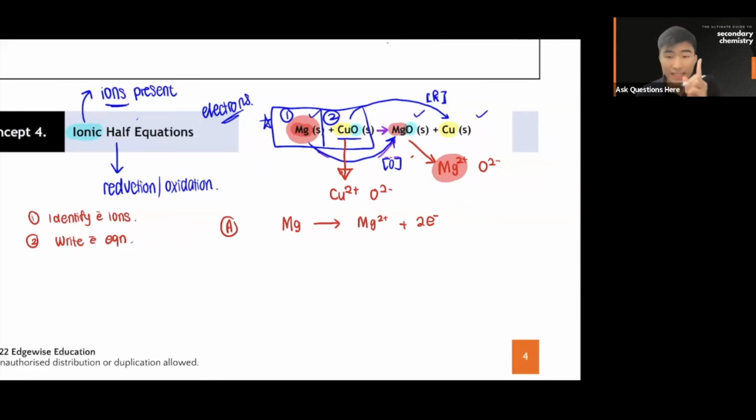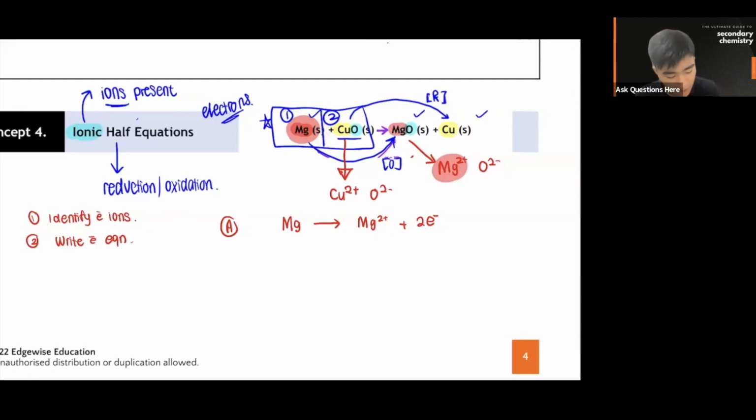Now, what is important in an ionic half equation is not so much about whether or not your species have 2 plus, 1 plus, 0 plus, but rather it is the state symbol. It is the state symbol that's very important. Now, what is the state symbol? The state symbol basically, is it solid, is it aqueous, or is it liquid? It's very important in this chapter because different types of reaction will involve different types of state symbols.